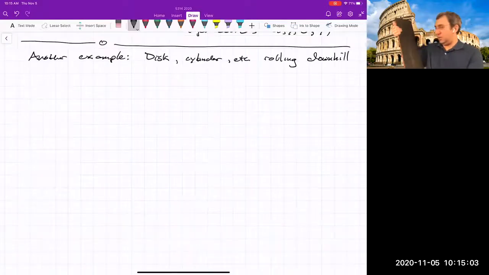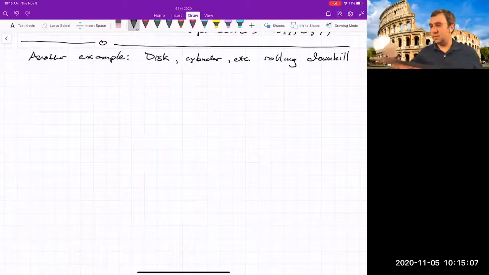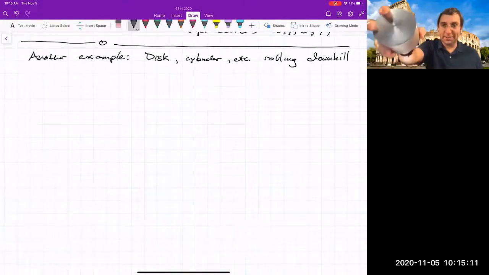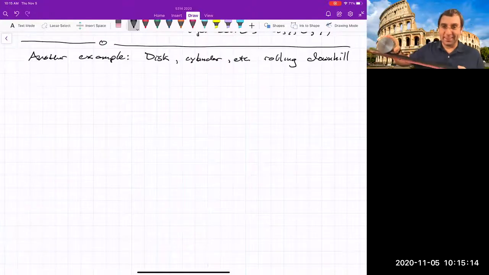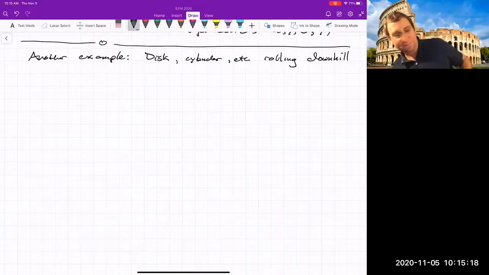And we might get a chance for you to see this. So I have a platform, and this is a very heavy metal thing. And okay, it rolls. So what are the forces of constraint on it?